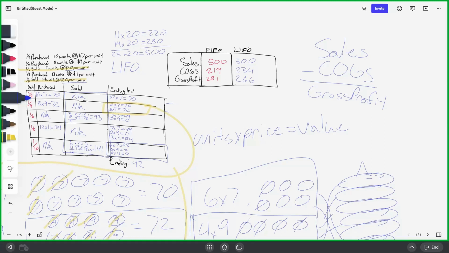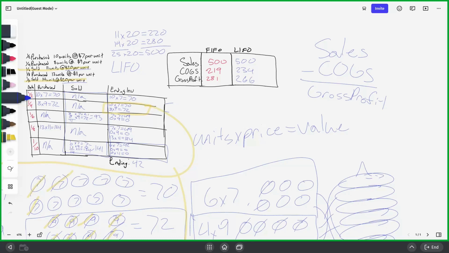The reason why we do one or the other is for different reasons. In times of rising costs, most companies like to use LIFO due to the fact that you have a lower net income. Now, you still get the same money no matter what. We technically still made $500 no matter what, but we valued how much the items were worth differently.